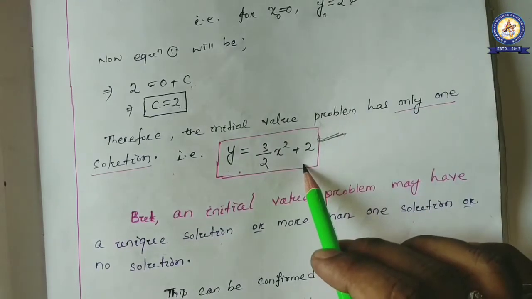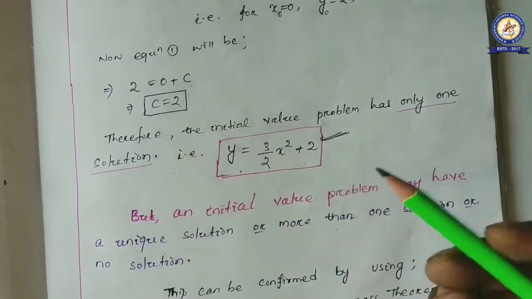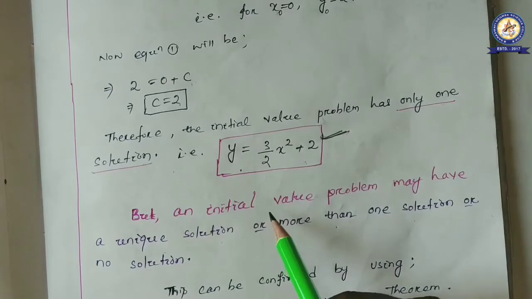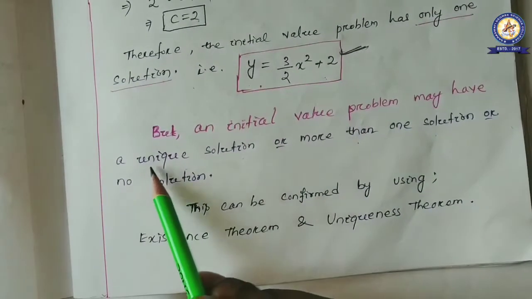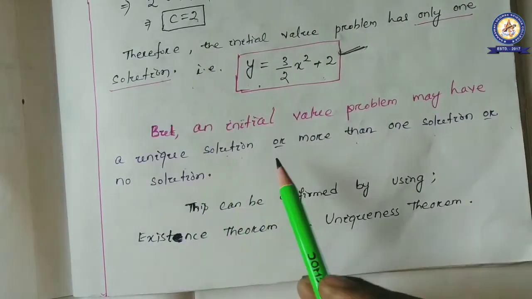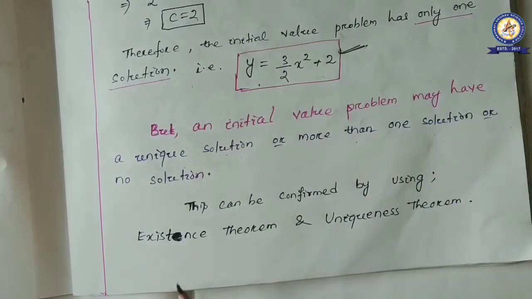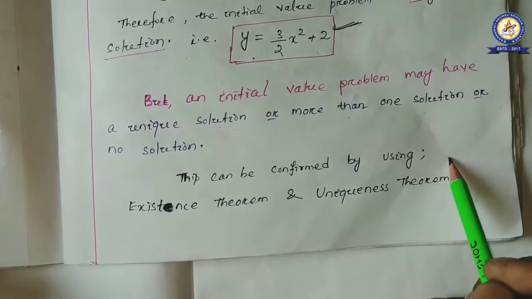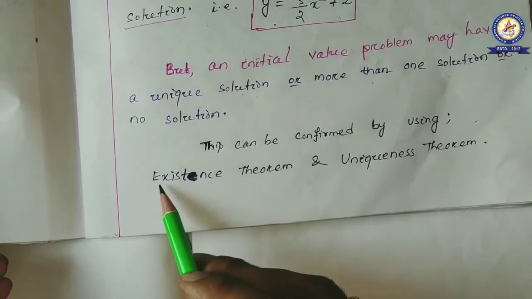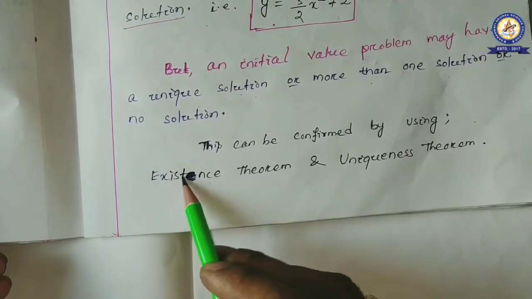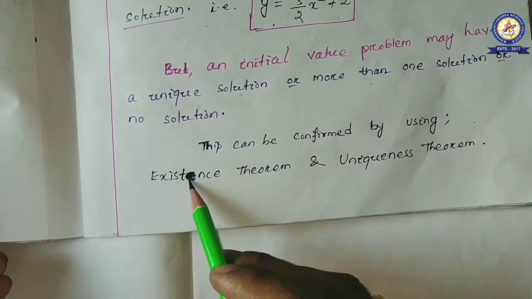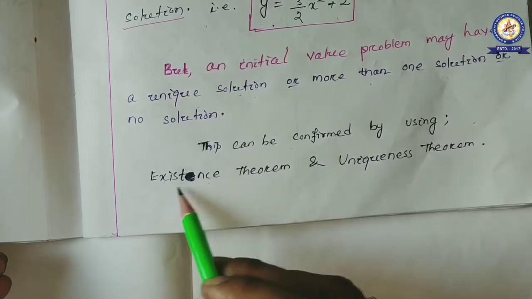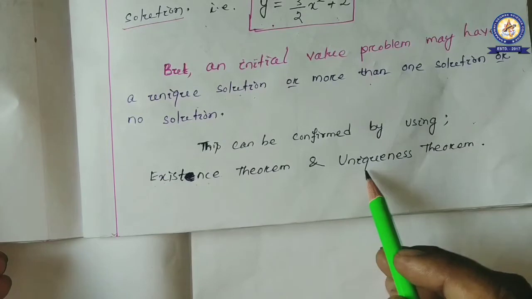But a differential equation having an initial value may have one solution, or more than one solution, or no solution, right? So this can be confirmed by using the existence theorem and the uniqueness theorem.